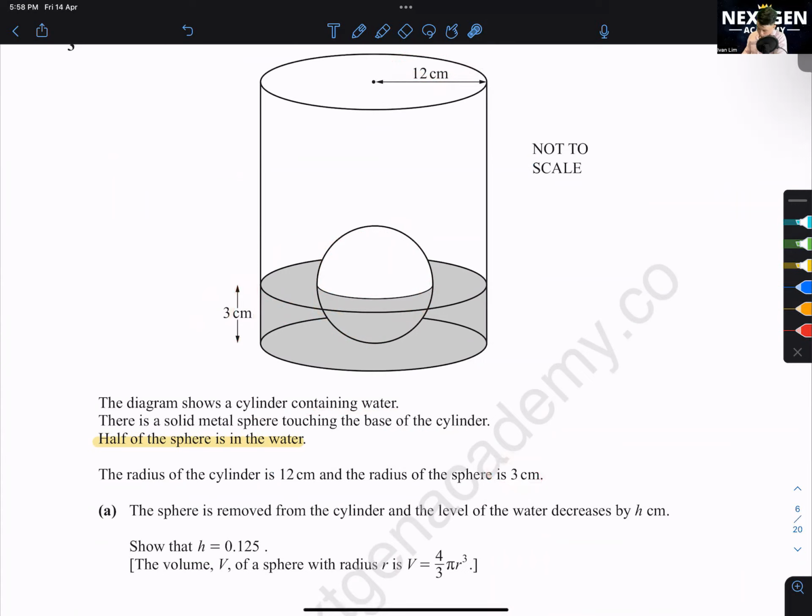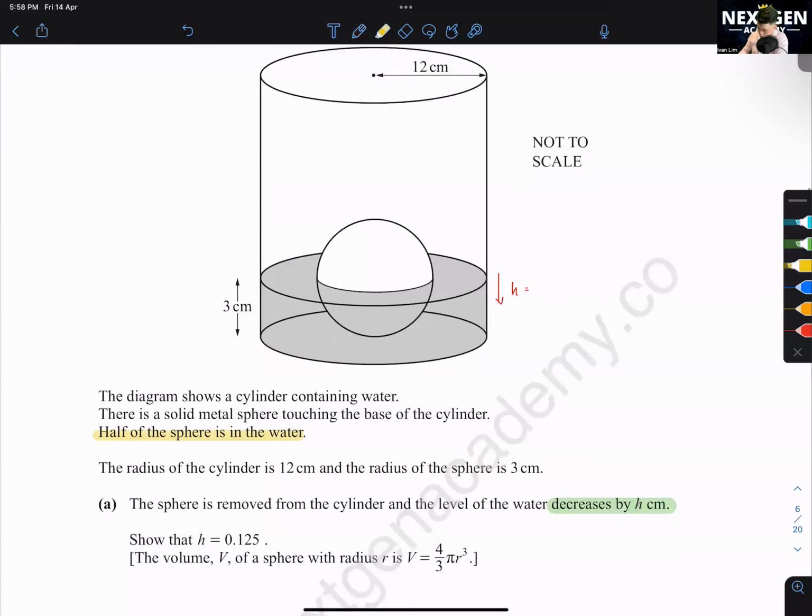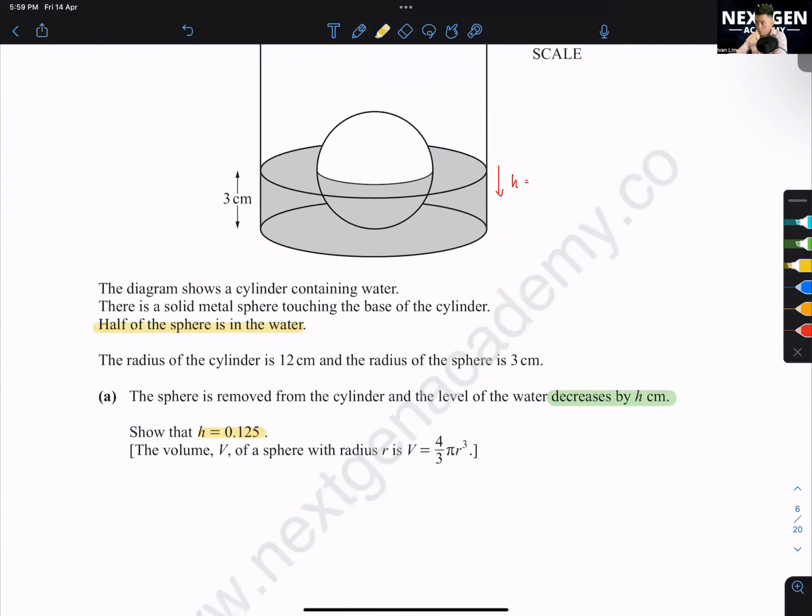The sphere is removed from the cylinder and the level of the water decreases by h cm. So when you take out the sphere, the water goes down by h cm. Show that h is equal to 0.125. What we need to do is equate the volume of the cylinder with the volume of the sphere.